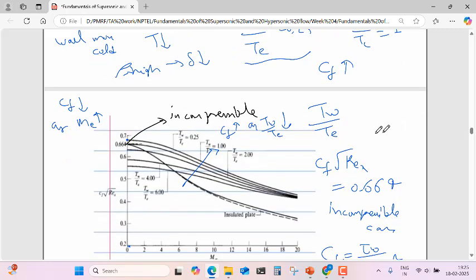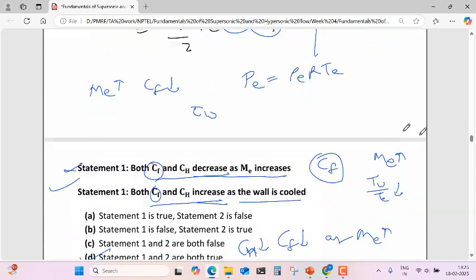And the rest of the properties like skin friction coefficient and Stanton number also can be found.